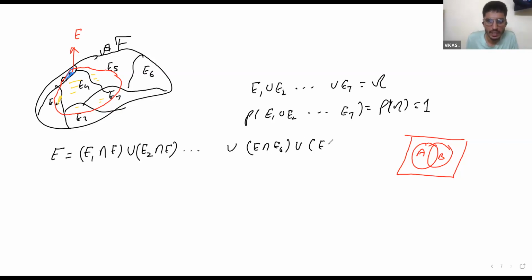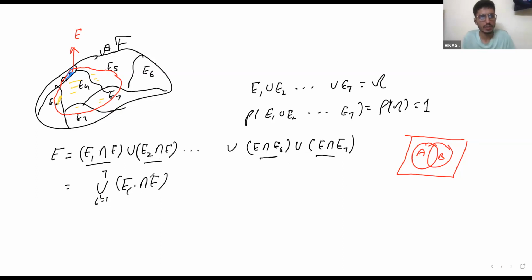I just write every partition you have taken, every part of F. So you can say this is the union of i from 1 to 7 of E_i intersection E, and you can see that these sets are mutually disjoint, or mutually exclusive.